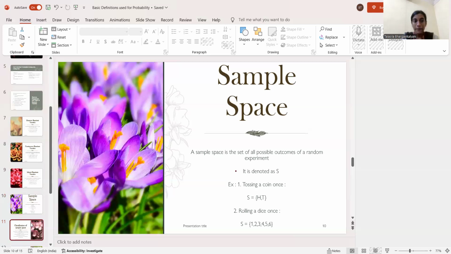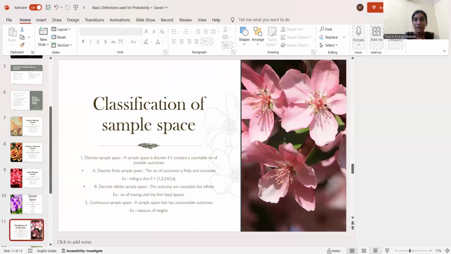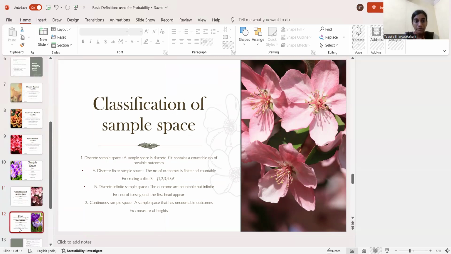Now we will see the classifications of sample space. There are two types of sample space: discrete sample space and continuous sample space. Discrete sample space is the sample space in which the outcomes are countable.